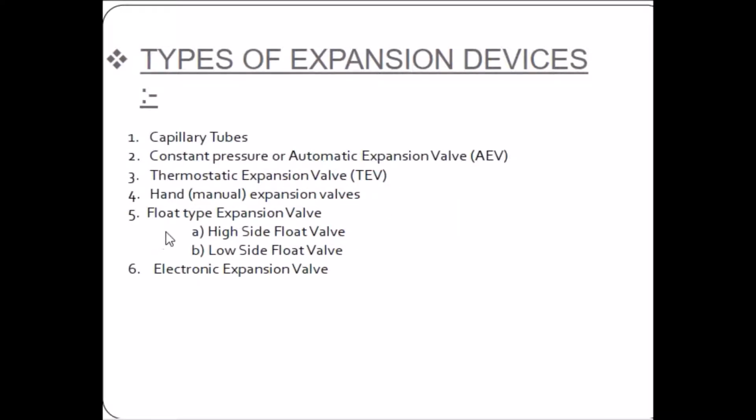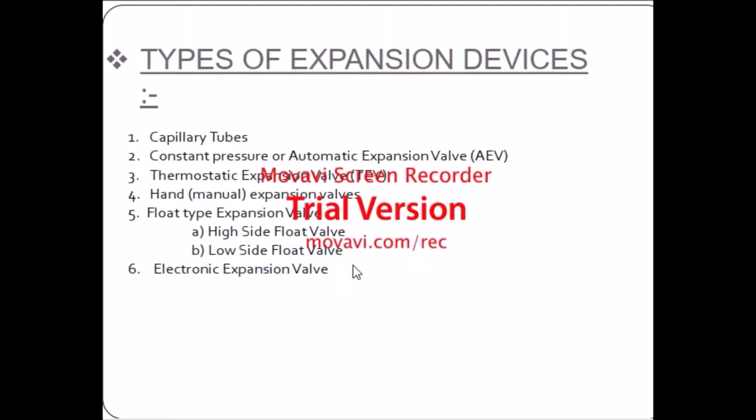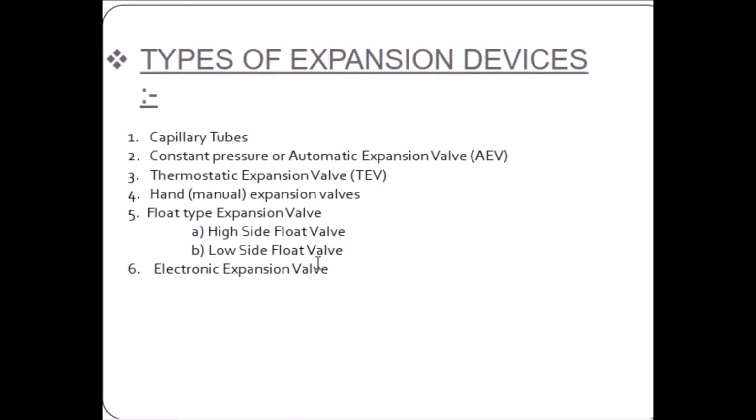The second last is the float type expansion valve, high side float valve and low side float valve, and the last type is the electronic expansion valve. We will go one by one and try to understand how the process works in each type of expansion device.